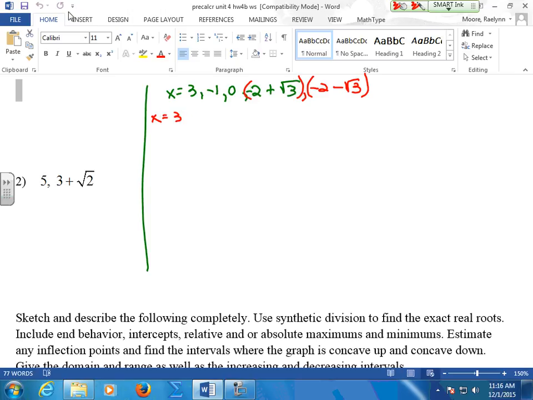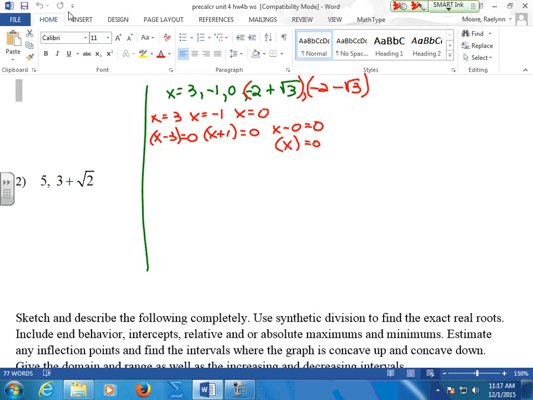We can set these. Let's get rid of these. Make these into factors. Pull them to one side. X minus 3 equals 0. X plus 1 equals 0. And how do I do this? X minus 0 equals 0. So what is this factor?